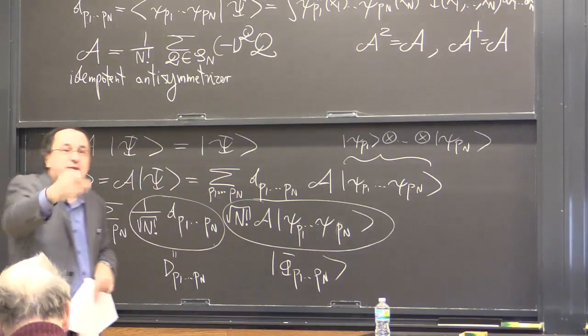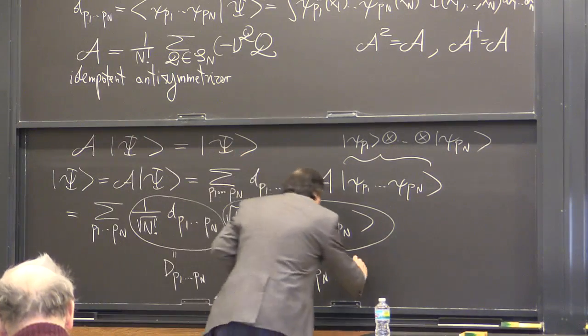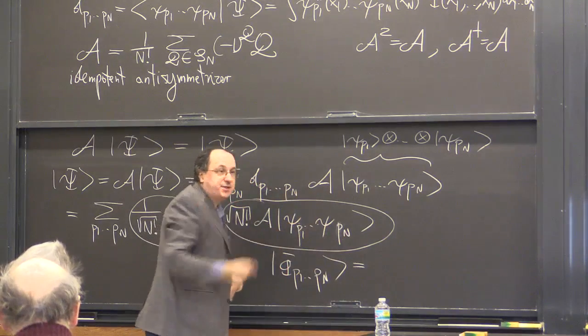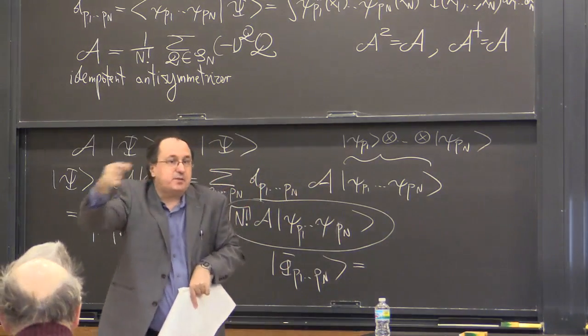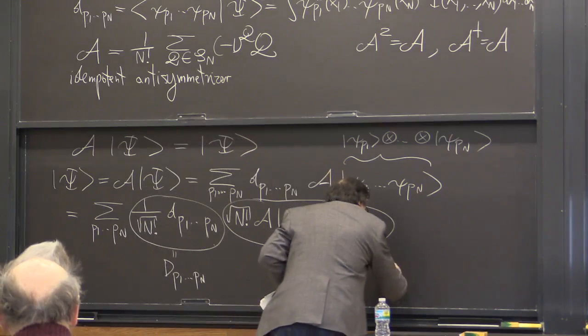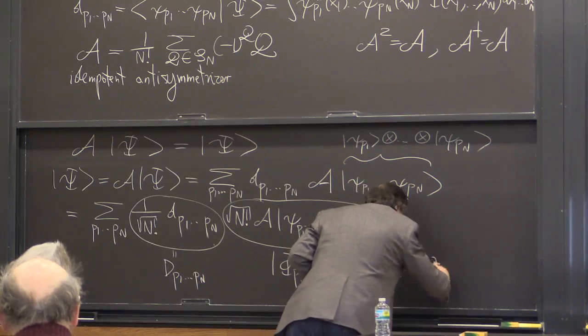Before we understand them, let me also put a little bit more notation here. Sometimes I will write these states that you see here as phi, P1, Pn, that is, states that are simply labeled by a bunch of indices. Sometimes I'll write them in this way, P1 through Pn.